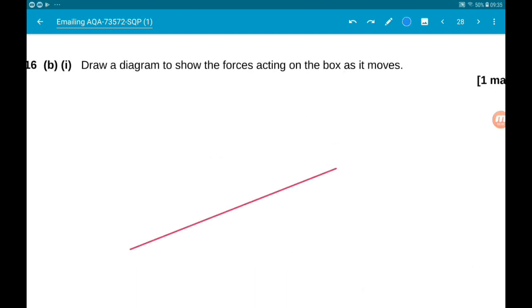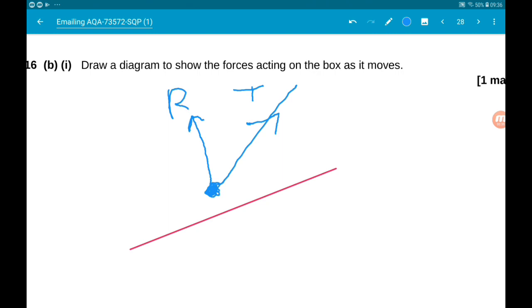Okay, so that is our inclined board, and let's model our box as a particle. Let's see. We've got the string, and that has tension pulling the box up the inclined board. We're going to have the normal reaction force, which is perpendicular to the board.